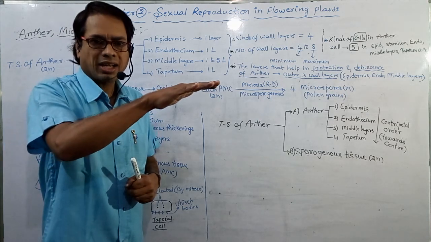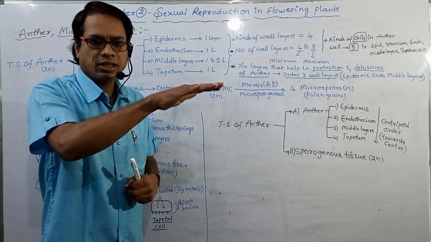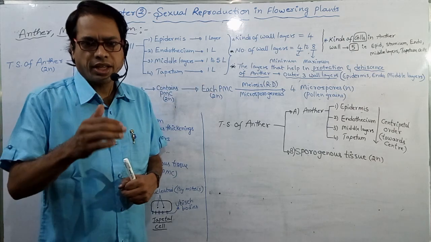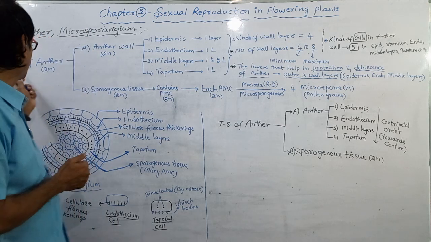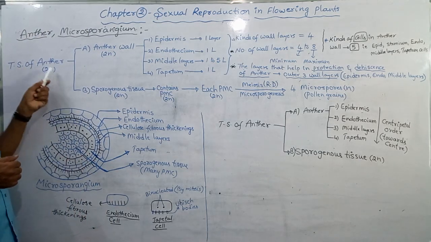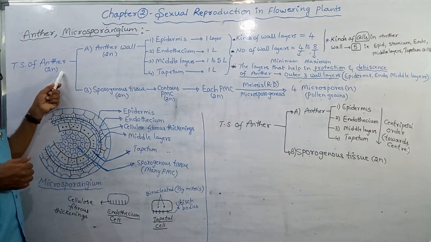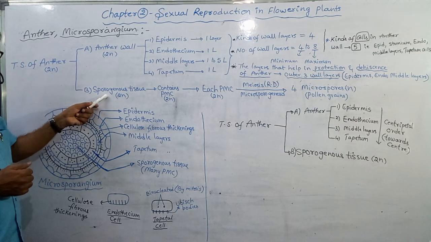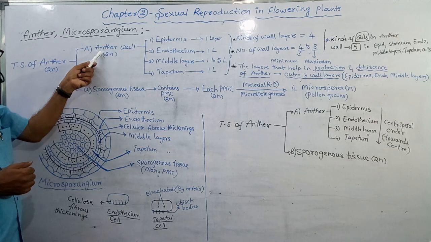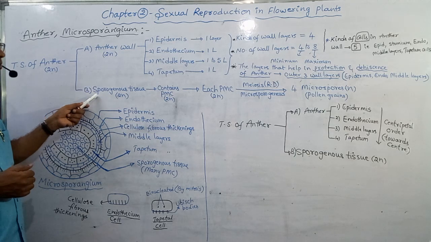We have to cut the anther in transverse section, that is TS of anther. TS means transverse section of anther. It contains how many parts? Anther wall, sporogenous tissue.